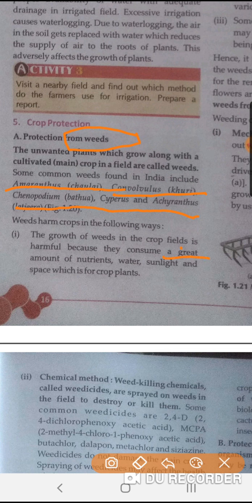And that's why the crop does not grow in a better way. जो भी न्यूट्रिएंट्स, सनलाइट हमारे मेन क्रॉप को मिलने चाहिए थे, उनका एब्जॉर्प्शन कौन कर लेता है? वीड्स कर लेता है और हमारे क्रॉप की प्रॉपर ग्रोथ नहीं होती है.